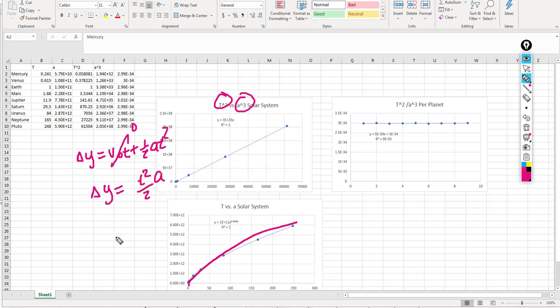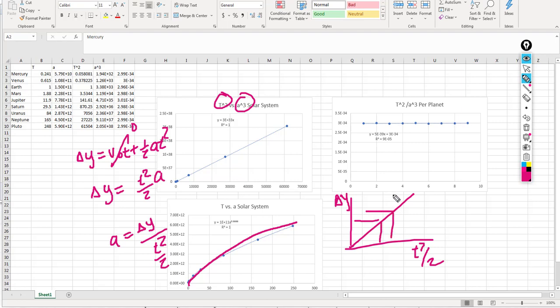So I could make a graph similar to that, delta y, and I can have t squared over 2 here, and you should get the same thing. The slope should give you 9.8. So just something to consider if you ever see that information on an exam, which they could easily give it to you in a graph. They could be like, what's this?